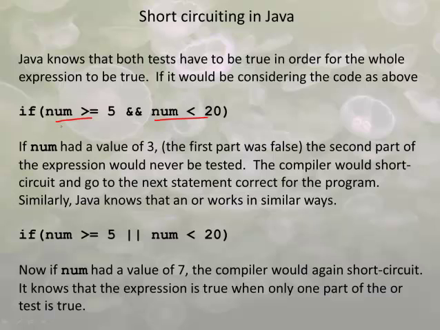So short-circuiting says this: if this first test of the Boolean statement is false, there's no reason to test this, because it doesn't even matter if this is true or false. It's going to be evaluated to false. So this would never be visited. In this simple example, it's not really a big deal, but we'll get more complicated ones where it will be important to know if this is visited or not.